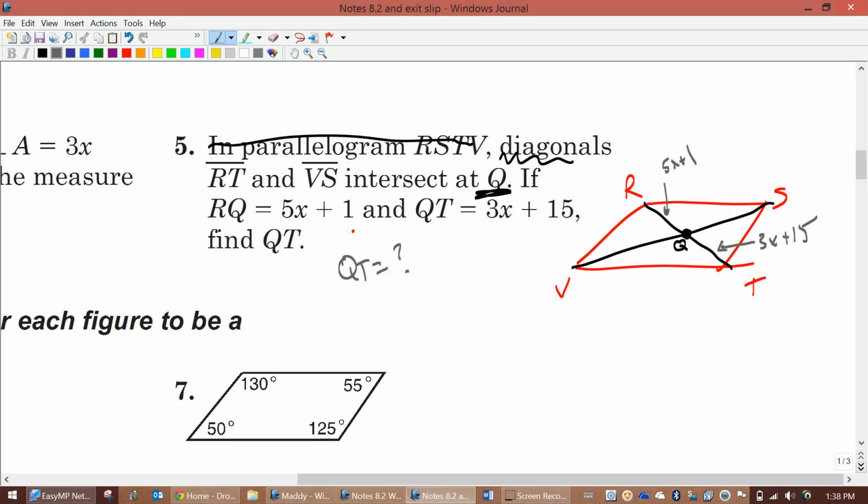That's the problem. Where do we go from here? Would we do 3x plus 15 equals 5x plus 1? Would we? 3x plus 15 plus 5x plus 1 equals 180, you said? Which one would we do?